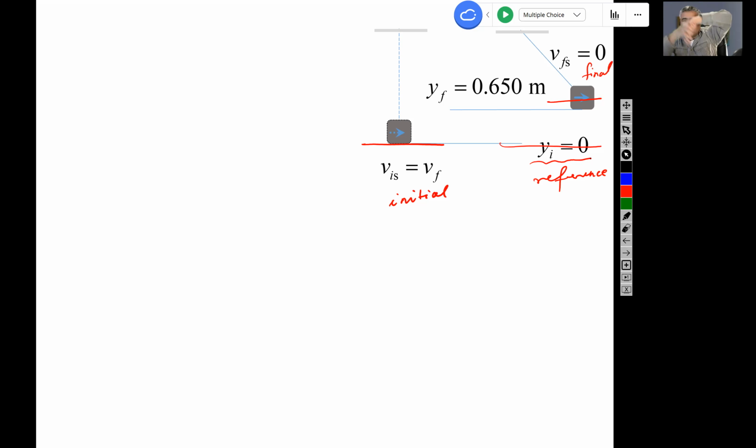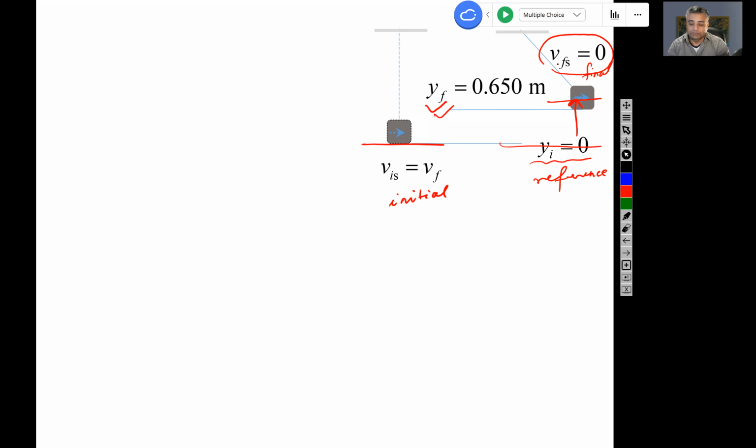So that's what we are using as the initial height. So initial height yi is 0. And final height yf is whatever height it rose, maximum height. And the final velocity of both of these is 0 because we are talking about maximum height. At maximum height, it stops, okay?